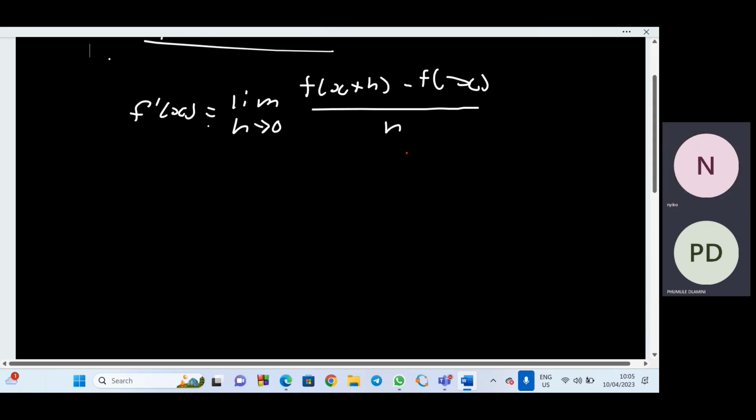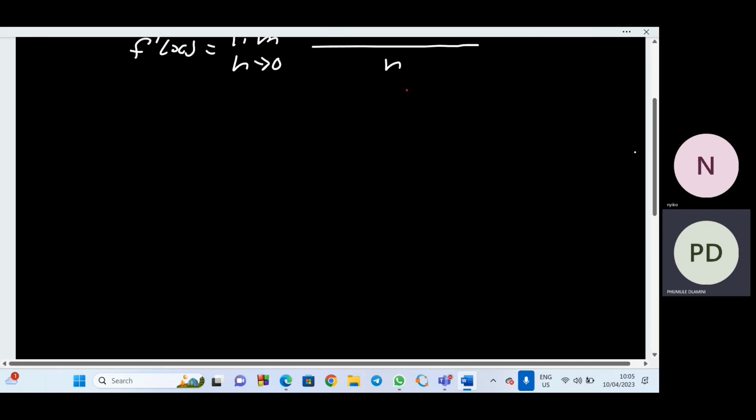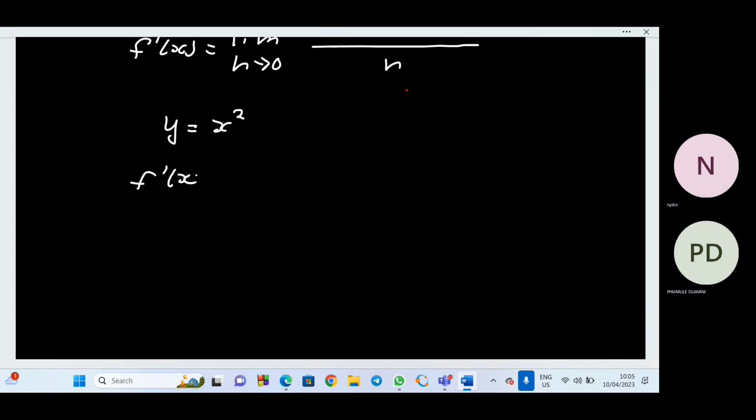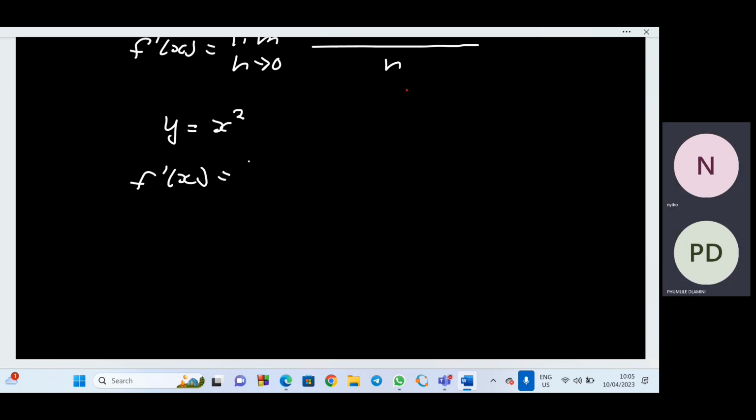We call it the first principle. So when we use the first principle, you can get the derivative of an equation. For example, if you have y equals x squared, then we can find f prime of x of this x squared. f prime of x is going to be equal to the limit as h approaches 0 of f of x plus h minus f of x, where our f of x is x squared.